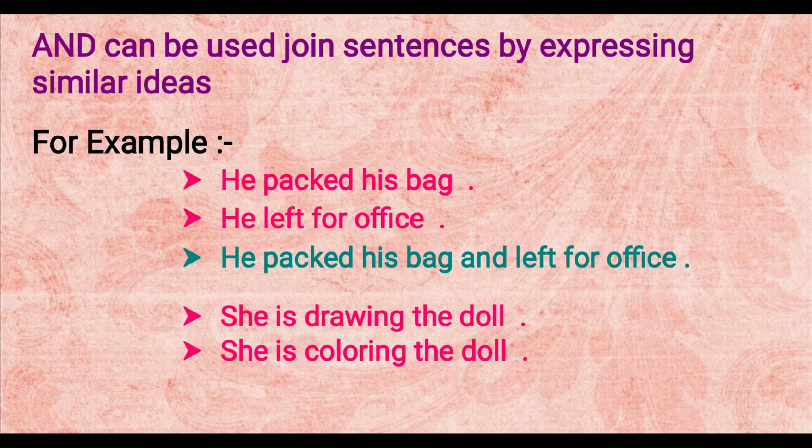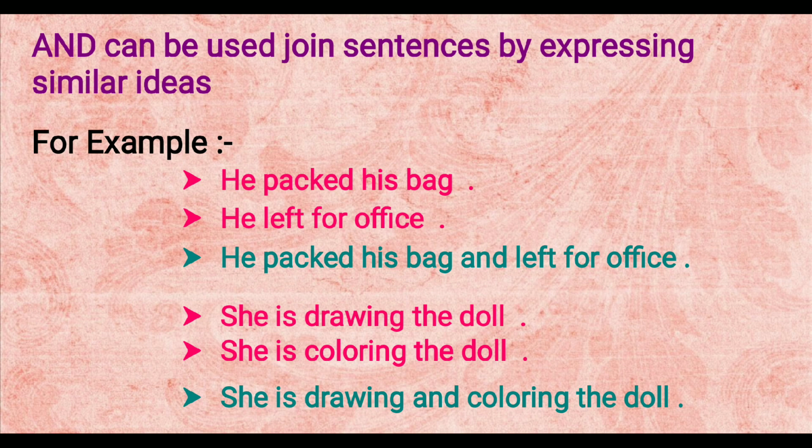She is drawing and coloring the doll. So what will be our answer? She is drawing and coloring the doll. So this is the way and these are the possibilities in which we use and.